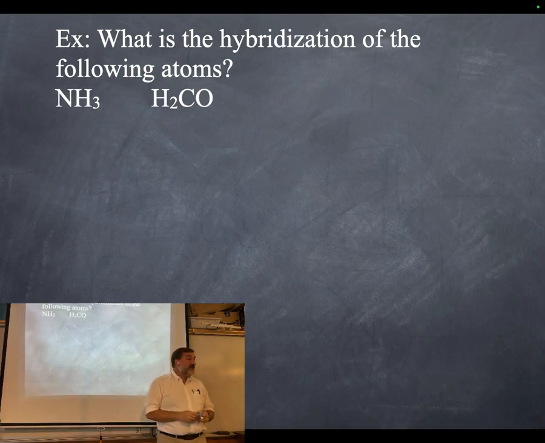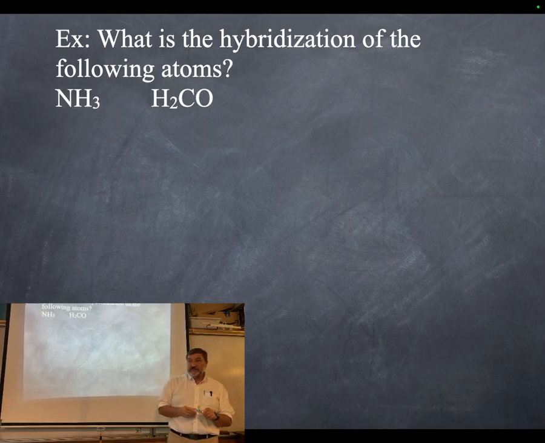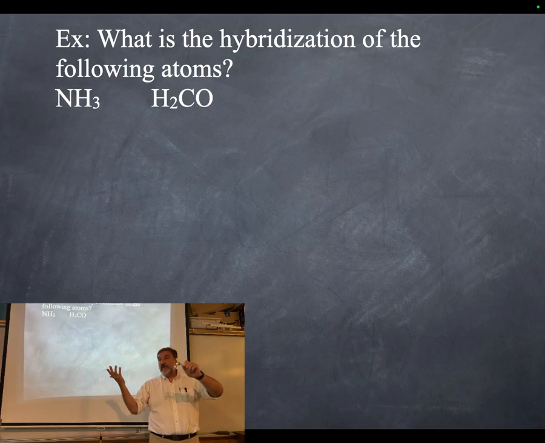For hybridization, we want to focus on the electron geometry. We just want to count. We don't care if it's a bond or a non-bonding pair. How many electron domains are there? You've already done it. 1, 2, 3, 4. Now you need to add 4 orbitals together for the nitrogen atom, right?